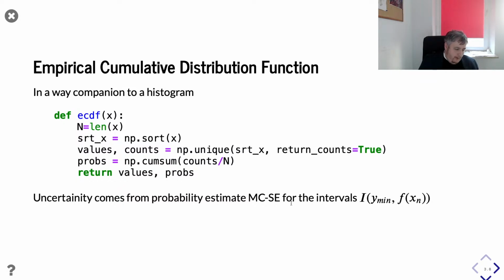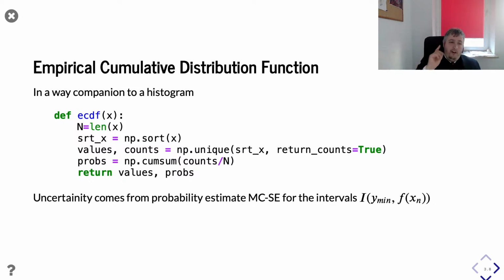If samples don't repeat, then all those counts are of course equal to 1. And for each value of our function, we just assign the number of samples that are smaller than it, divided by the total number of samples. So we just create a very simple estimate.